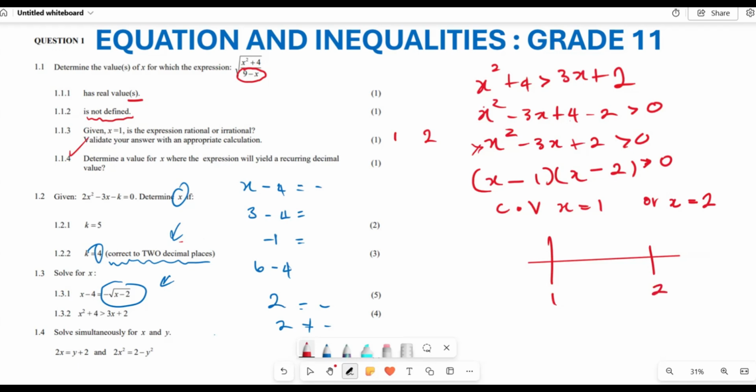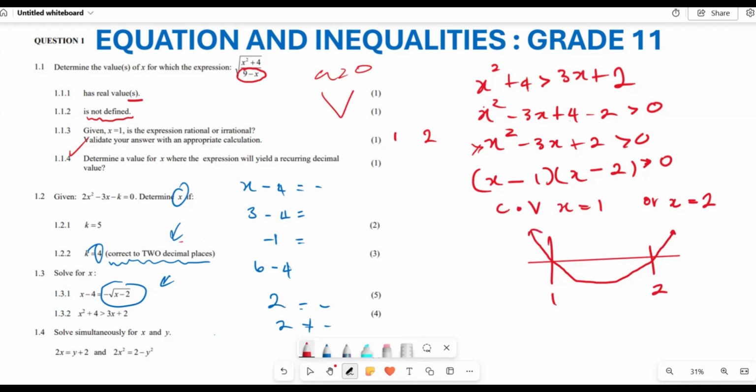Now, what is important for you to note is that since your a is greater than 0, remember when your a is greater than 0 here, you are always going to have a smiling face graph, right? So this particular graph is going to be a smiling face graph, right?